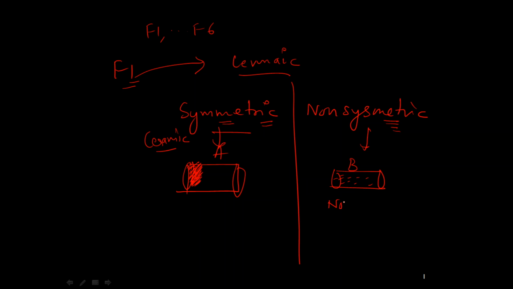It means ceramic is present uniformly here. Sorry, ceramic is present non-uniformly here, whereas in this case it is present uniformly. It is present equally in all the parts of the bones, whereas here it is non-uniform, and it is more oriented in one part.